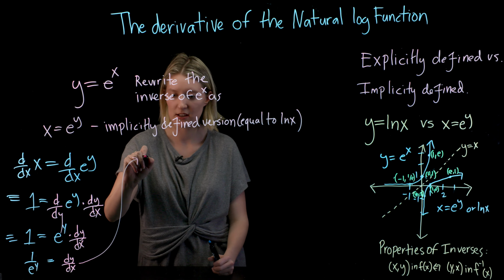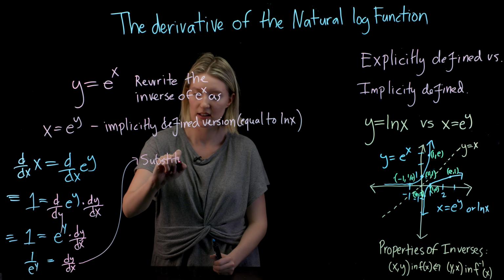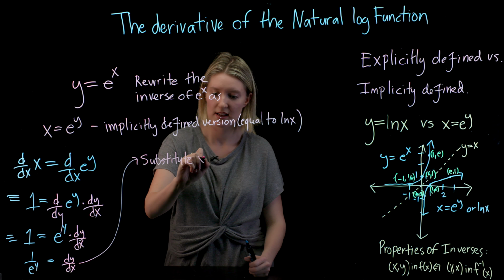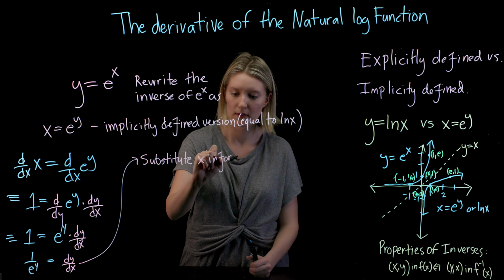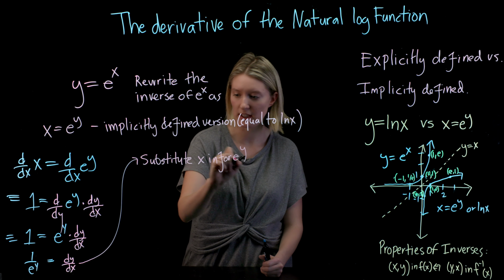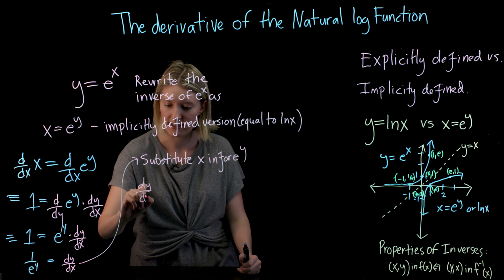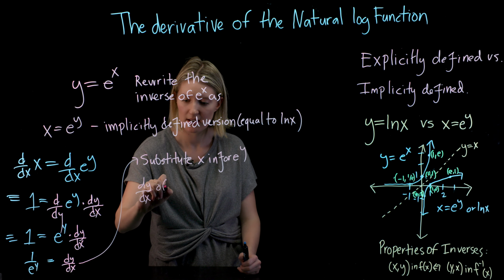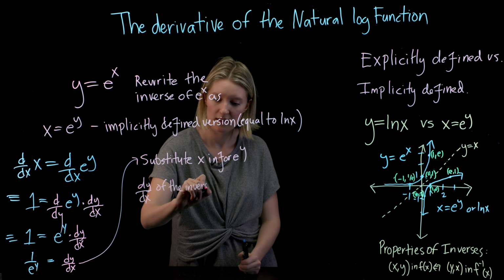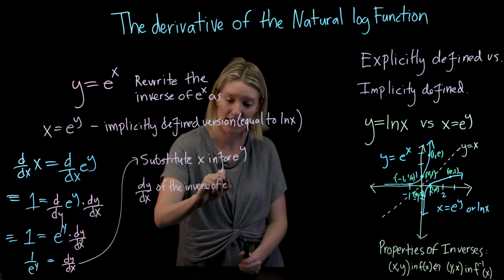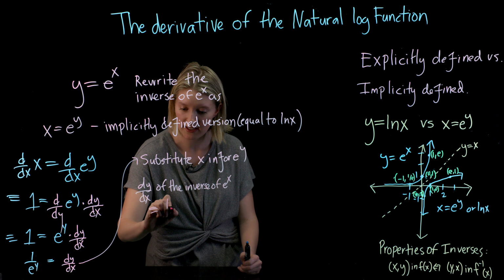If I substitute in x for e to the y, I have that the derivative of y with respect to x of the inverse of e to the x is actually equal to 1 over x.